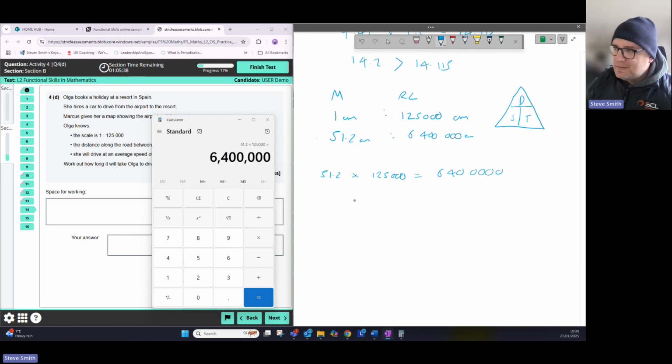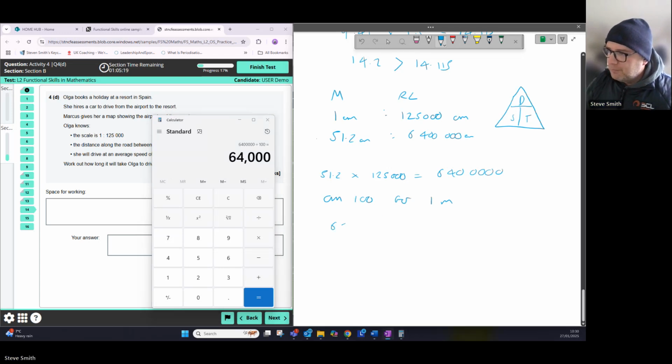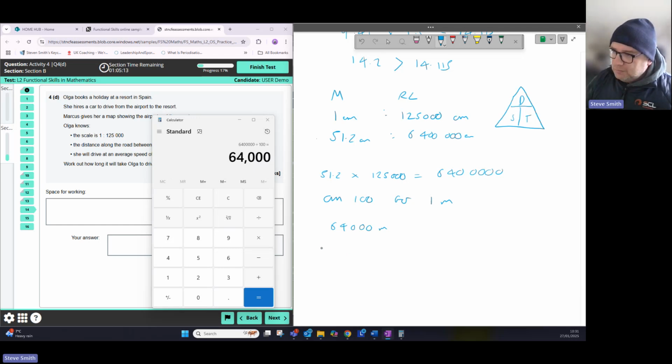How many meters is that? We know in centimeters there are 100 for 1 meter. So I'm going to divide that number first by 100 to get my meters. So I know it's 64,000 meters. And then in each kilometer, 1,000 meters equals 1 kilometer.